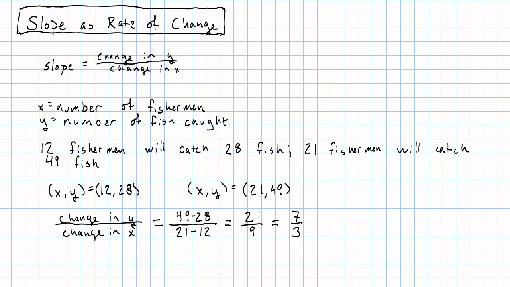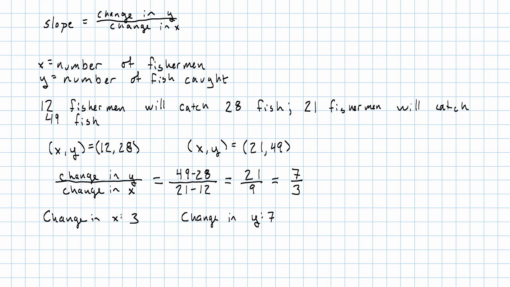Well, in lowest terms then, the change in x is 3, and the change in y is 7. A change in x of 3 means 3 extra fishermen.